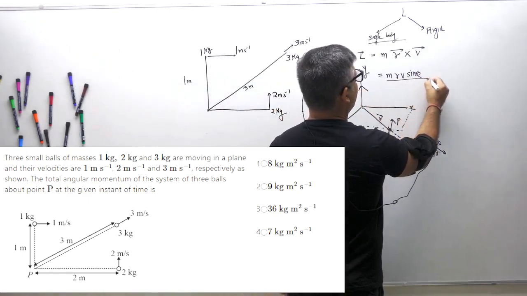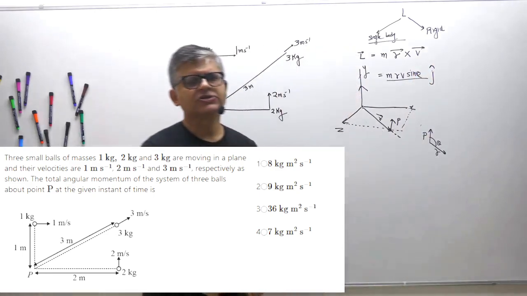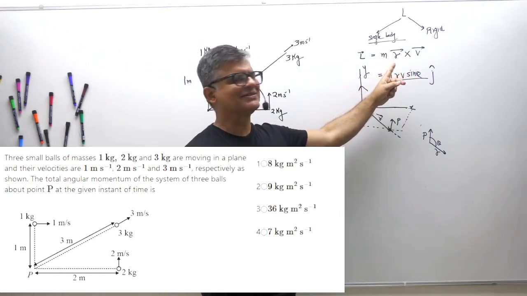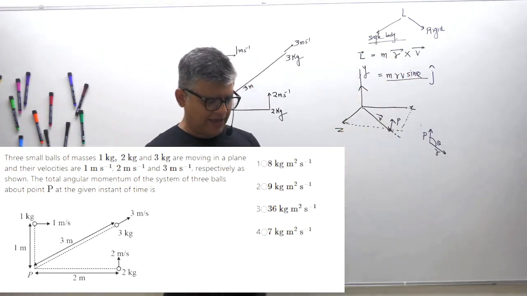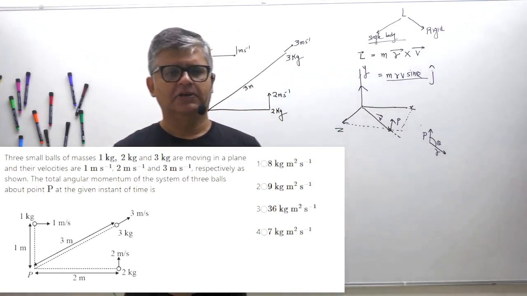So m v r, if I have to write the direction, I will put a j here. So r cross v is very important for you to understand. It is an A cross B situation. It's a vector product.